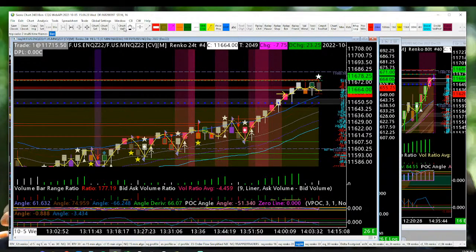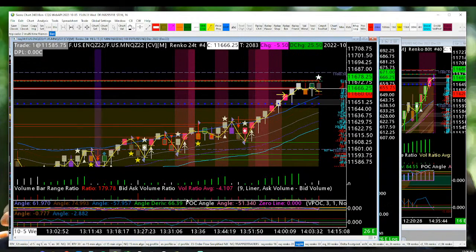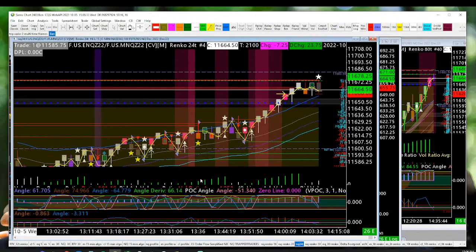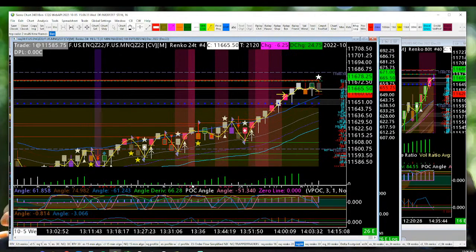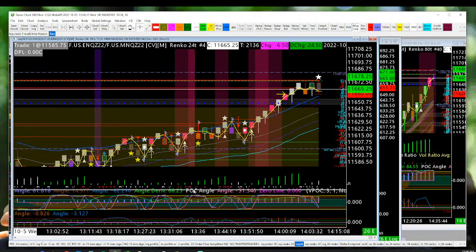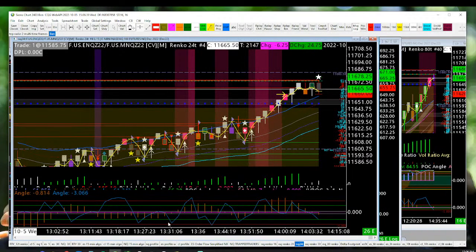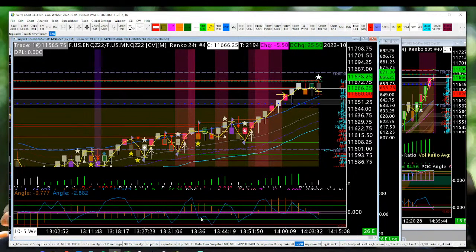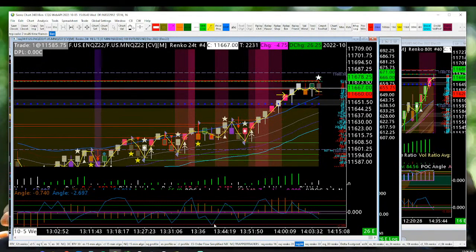Here, I'll show you what that looks like quick, as long as we're talking about it. So which one was it? It was the lower. So if you take a look at this, we have what looks like an inverse head and shoulders pattern here. See that? And this low is clearly the lowest. I'm talking about this blue line.